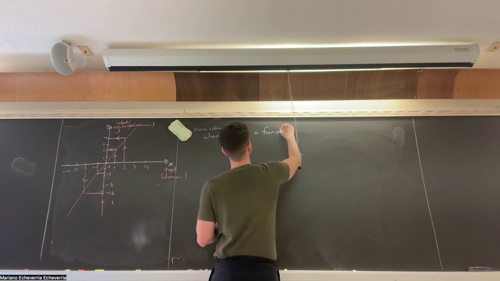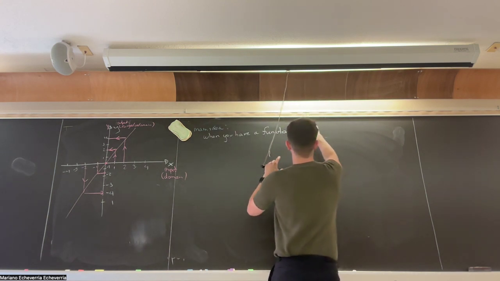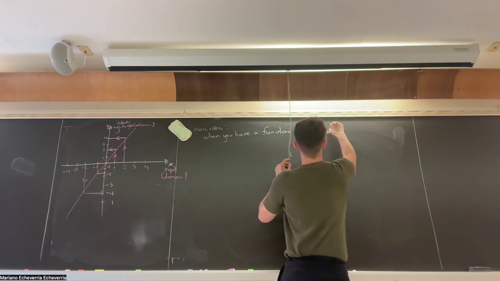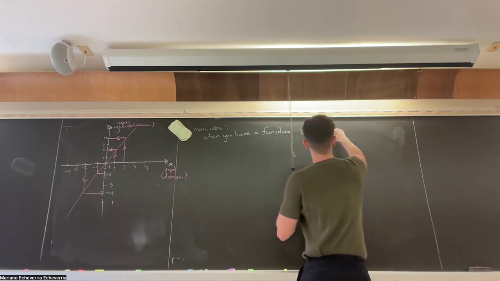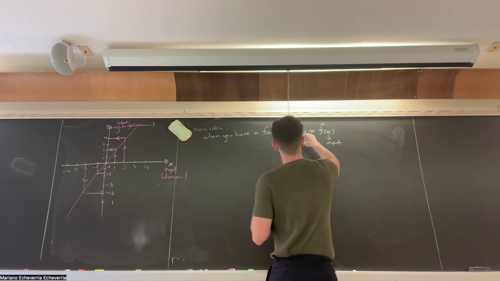So when you have a function, the way you usually refer to it is as f of x, or actually I'll call it y equals f of x. Again, x is always referring to the input, and y will always refer to the output.